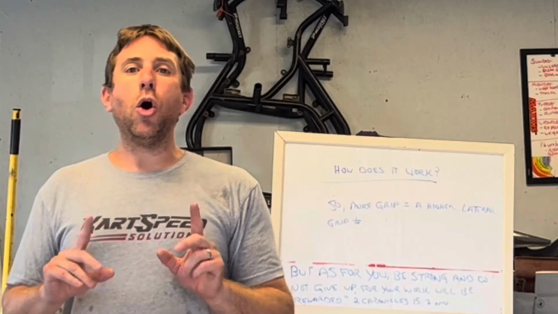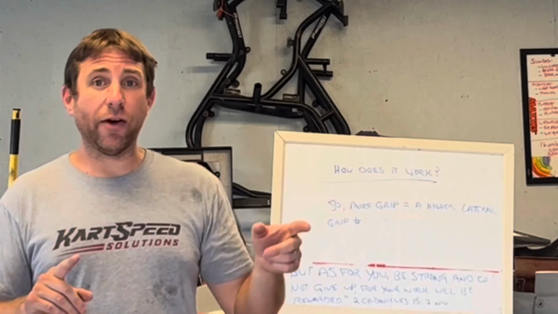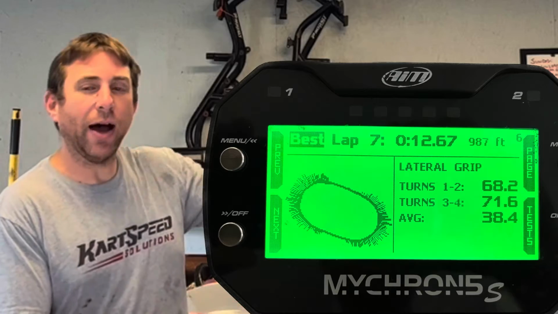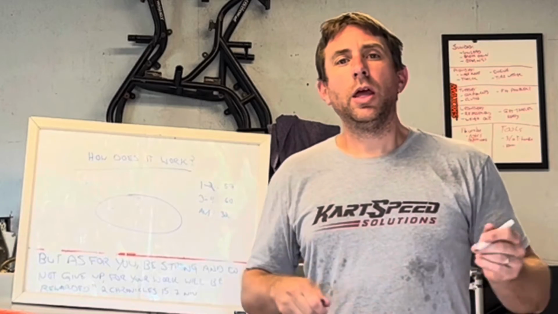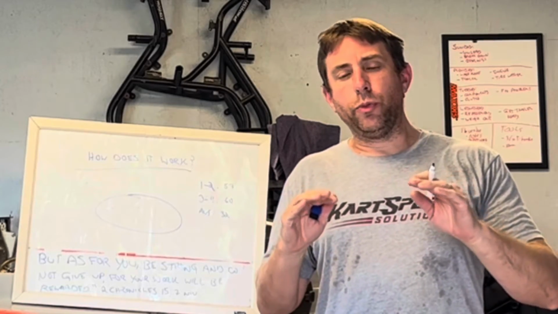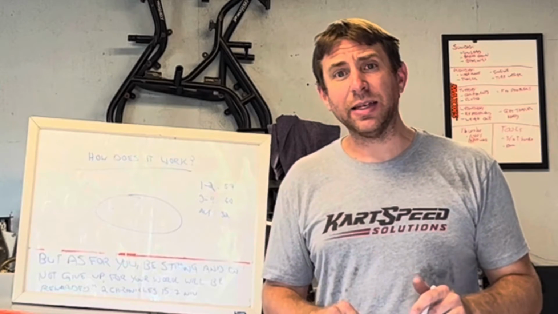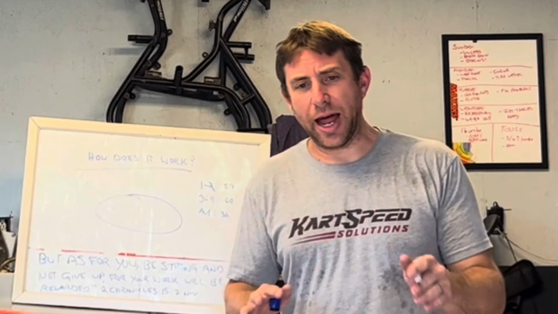On your lateral grip page, you have the graph. Sometimes, like I said, if the go-kart is locked down tight, it's not going to produce a higher number. Let me break this down.